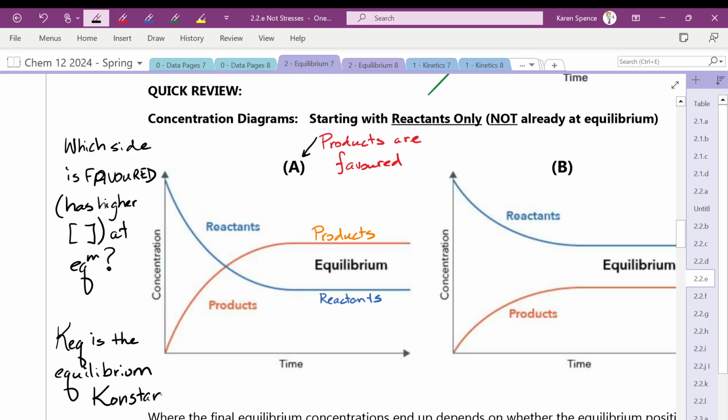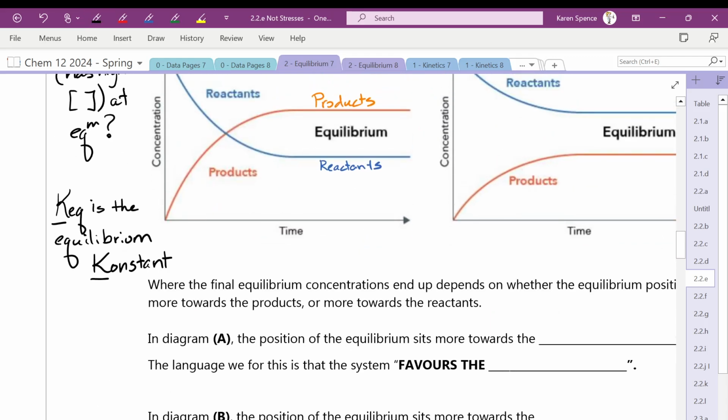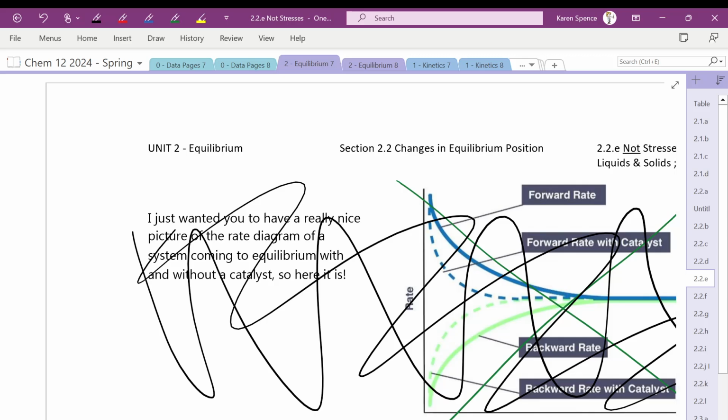Do you see how I spelled it there? That's why it's a K, because it's a constant. And what it is, it is the ratio of the concentration of products over the concentration of reactants. Where can I write that? Maybe up here.